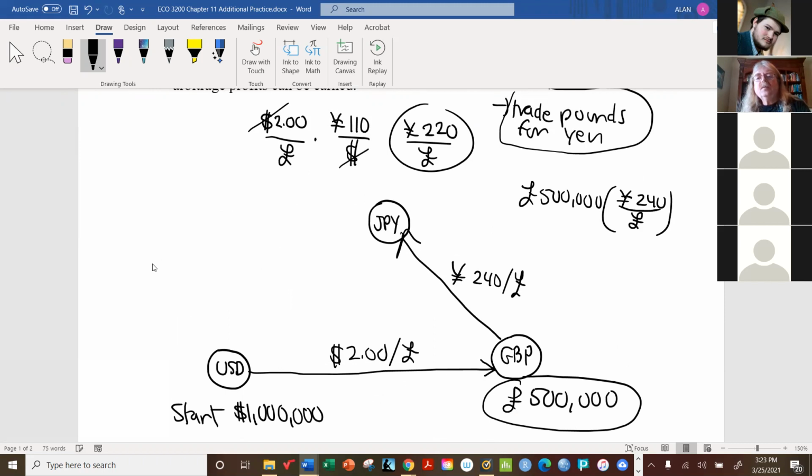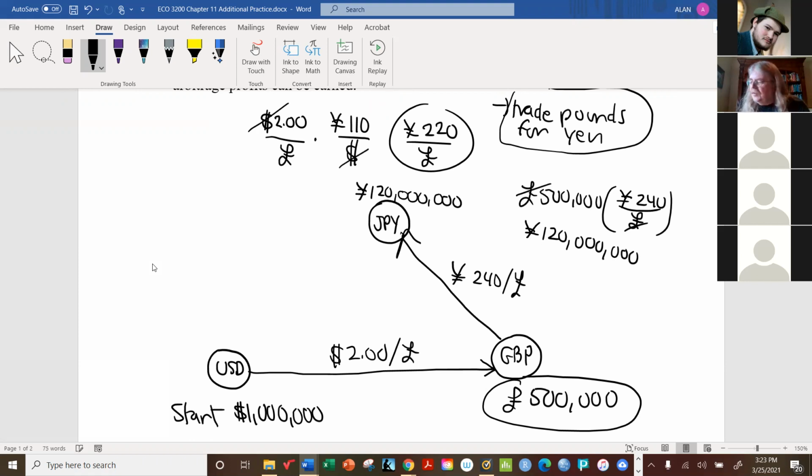So you can see here we're multiplying because the pounds are canceling each other out. And when you multiply those together, this works out to be 120 million yen. All right, so in Japan, we have 120 million yen.